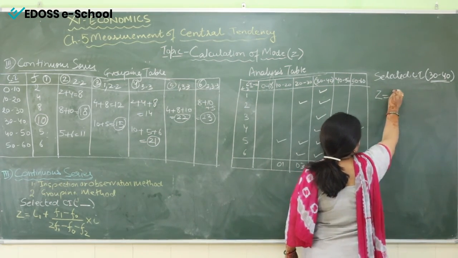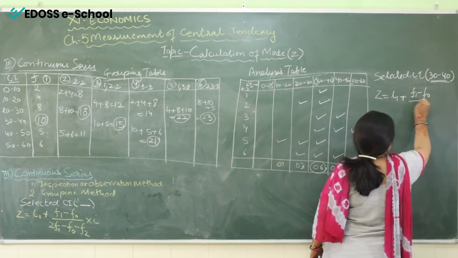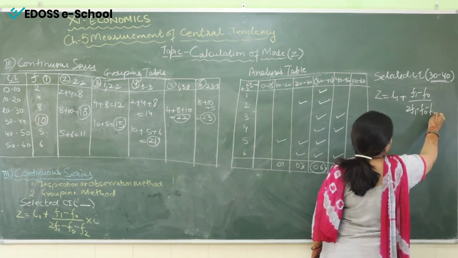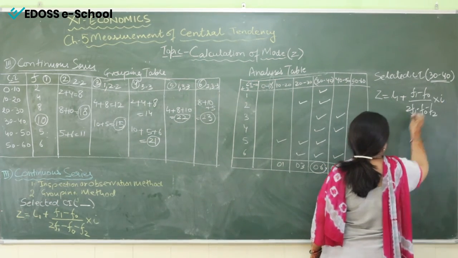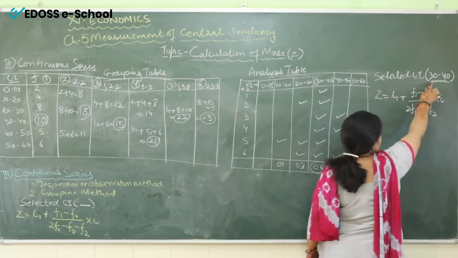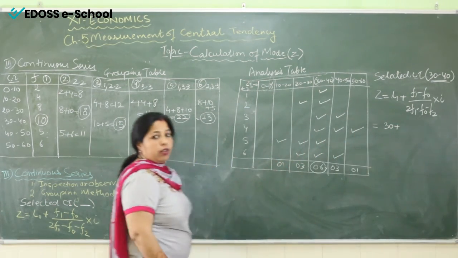So the formula is Z is equal to L1 plus F1 minus F0 upon 2F1 minus F0 minus F2 into I. This we have solved before also. I is this 30. Now, F1, F0.